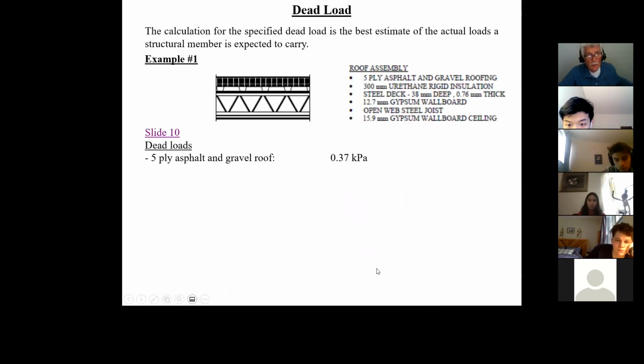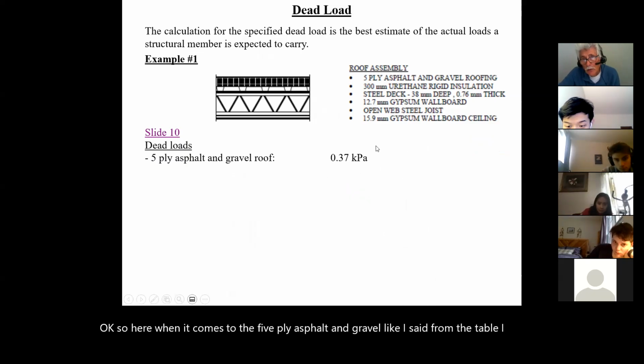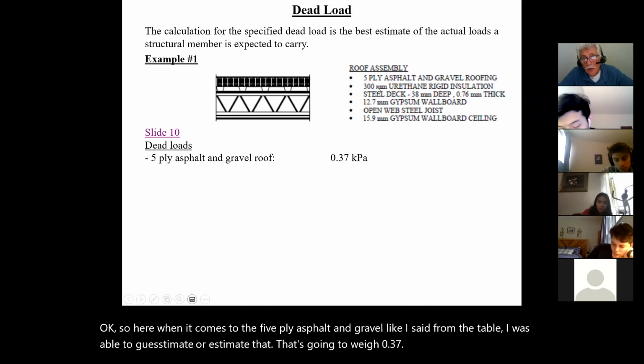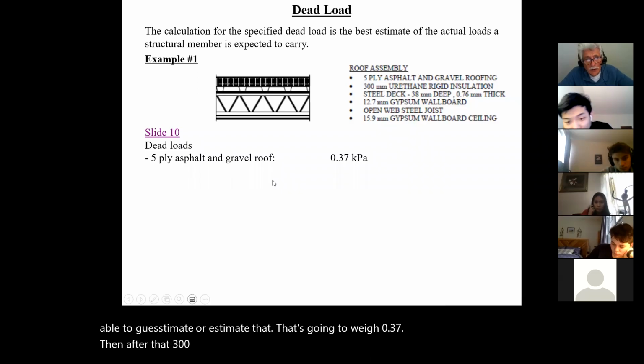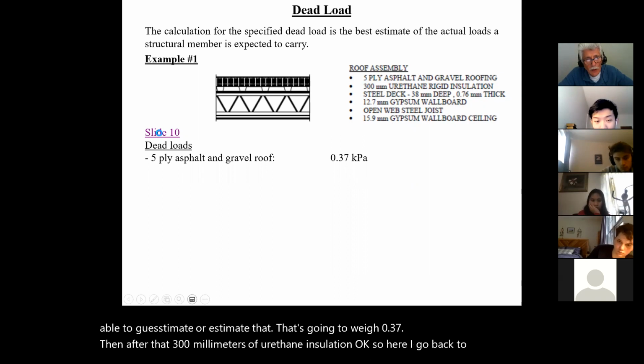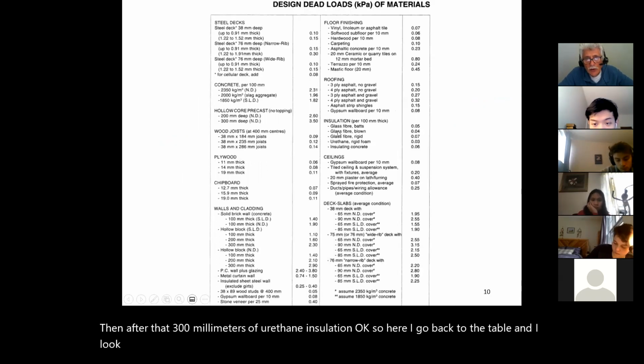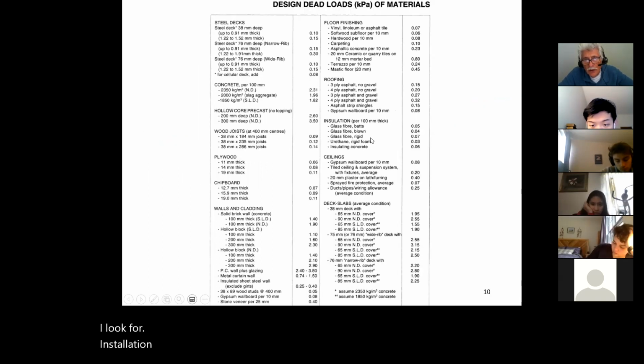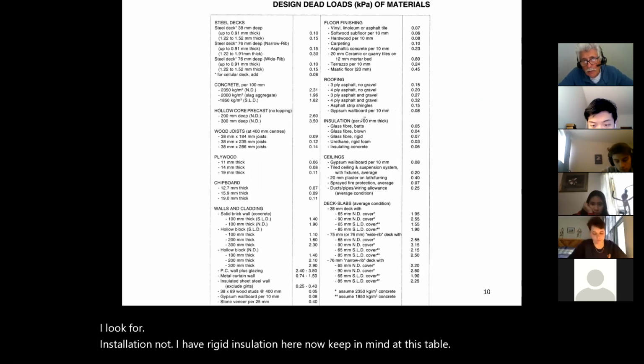Okay, so here, when it comes to the 5-ply asphalt and gravel, like I said, from the table, I was able to guesstimate or estimate that that's going to weigh 0.37. Then after that, 300 millimeters of urethane insulation. Okay, so here I go back to the table and I look for insulation. Now, I have rigid insulation here. Now, keep in mind that this table has constraints.